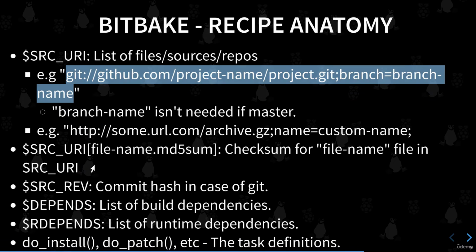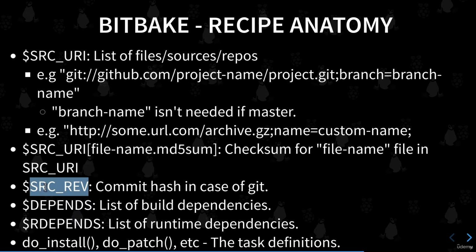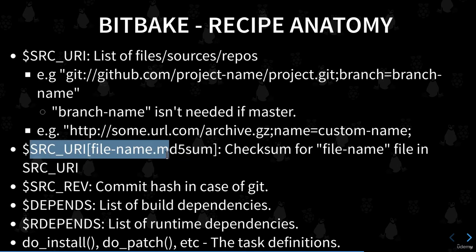You also have to specify the SRCREV, which is the commit hash. If you have binary files, you also need to specify the checksum for them. This is normal also for licenses. So in this case, imagine that in the SRC_URI, you have a file named filename. So you'll have to use this syntax in order to specify a checksum for that file.